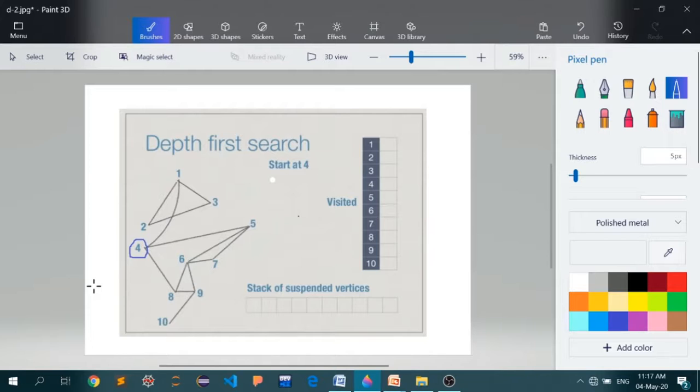Sometimes I use the word vertex, sometimes the word node. You must keep in mind that I am referring to one and the same thing. Okay, 4 is a vertex or a node. So first, as I am starting with the 4th node, I will first mark it as visited.